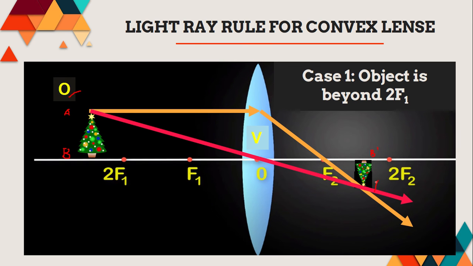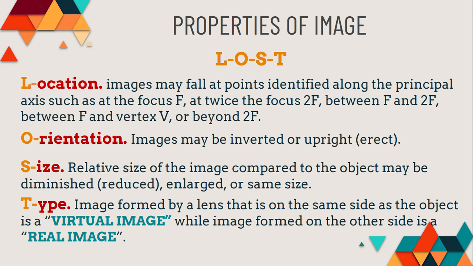So that is how it is. Here is the image. If there is an object, there is always an image when it passes through our convex lens.